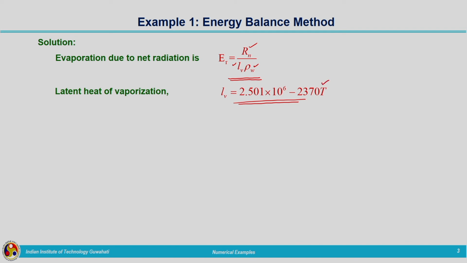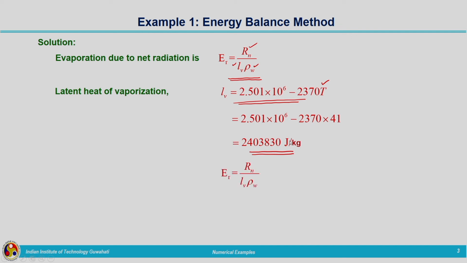The prevailing temperature is already given to us, that is 41 degrees Celsius. In this equation we need to substitute temperature in degree Celsius. After substituting that, we get the latent heat of vaporization as 2.4 into 10 to the power of 6 joules per kilogram.